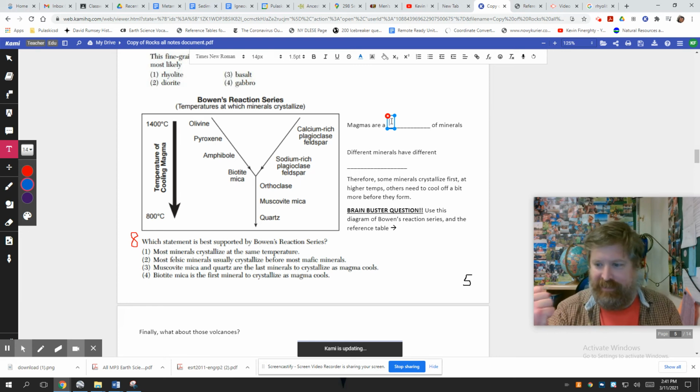If you're interested in igneous rocks, we know that magmas are a mixture of minerals, and different minerals have different, essentially, freezing points. The way that water is a liquid but freezes at 0 degrees C, magma is a liquid but freezes into a rock at way higher temperatures.